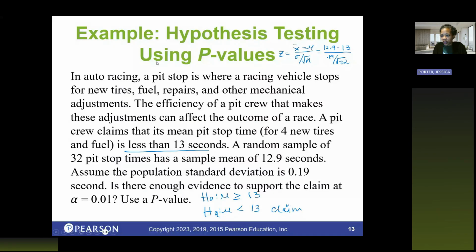I'll give you a second to calculate that. You're just calculating what the standardized z statistic is.